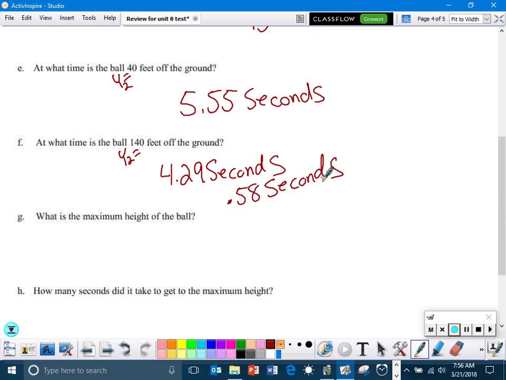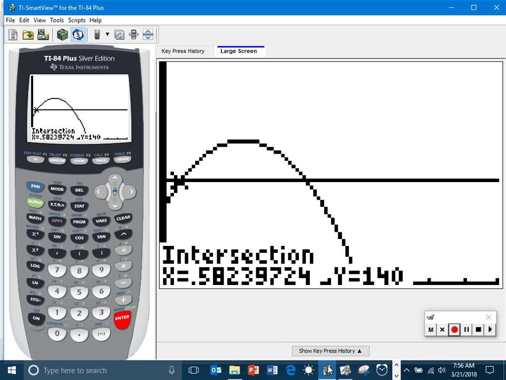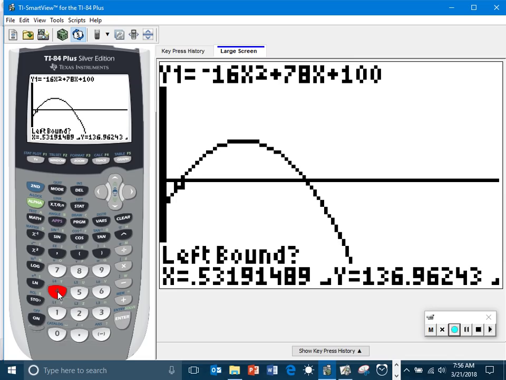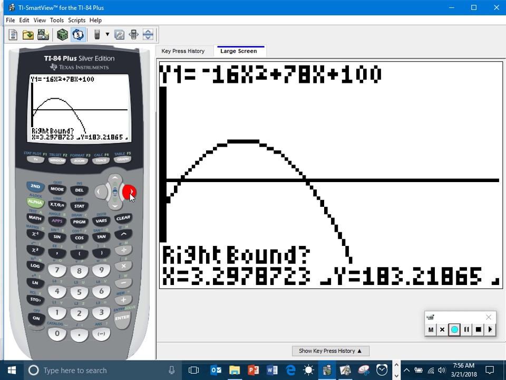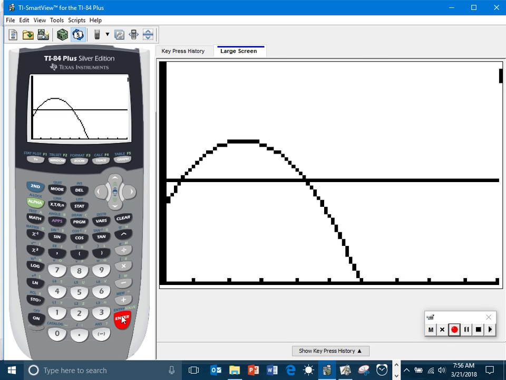All right, what is the maximum height of the ball? So the maximum height, that would be the top of that, obviously. So we're going to go second trace. Maximum is number 4. And then enter. On the left side, now move it around to the right side. Again, make sure you're on the correct side before pushing the button. So I'm on the right side. I'm going to hit enter and enter again.